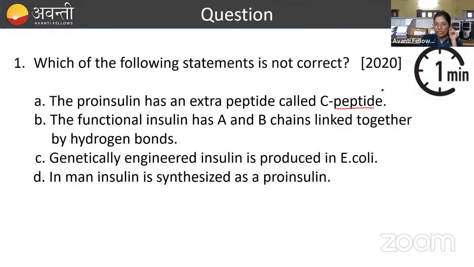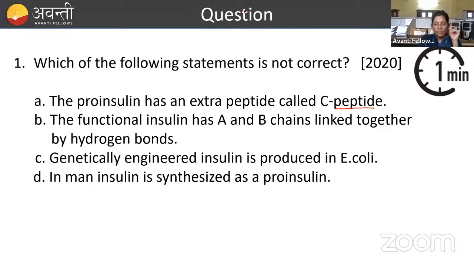A protein chain. Okay. And then the functional insulin has an A and a B chain linked together by hydrogen bonds. Genetically engineered insulin is produced by E. coli. In a man, insulin is synthesized as a proinsulin. So which is not correct?